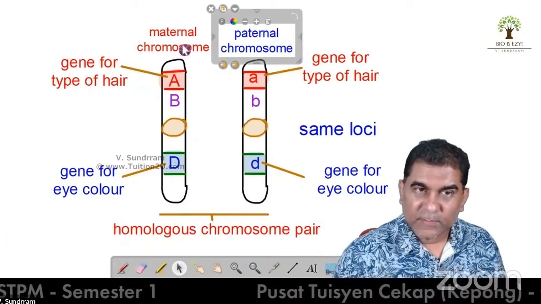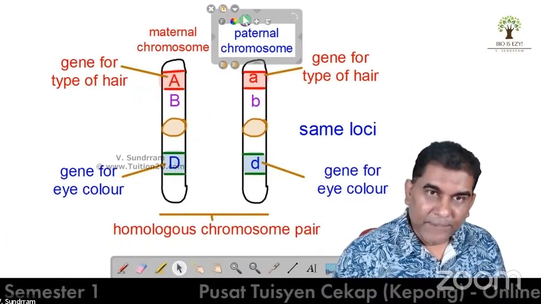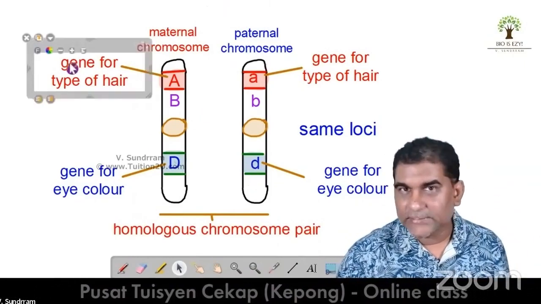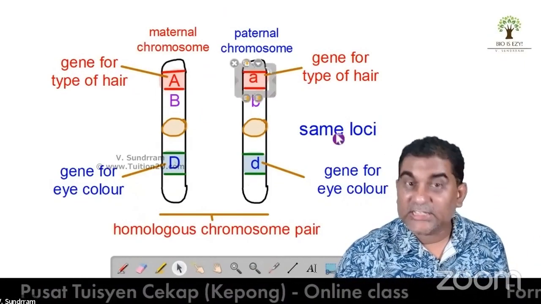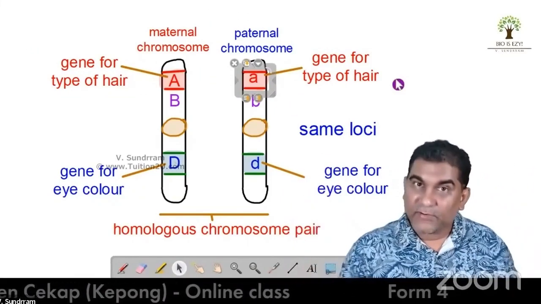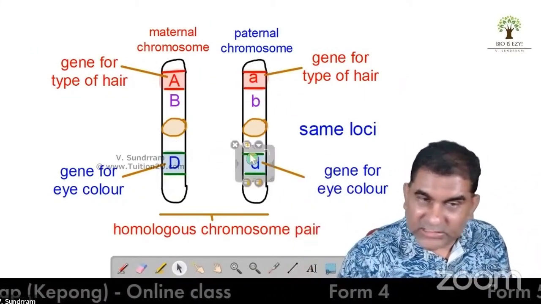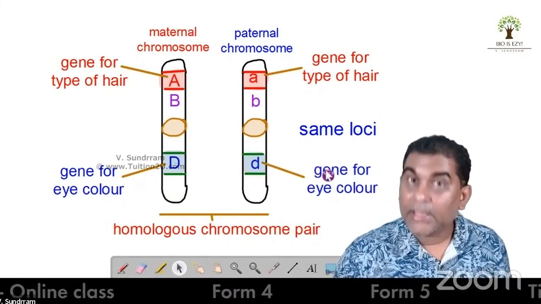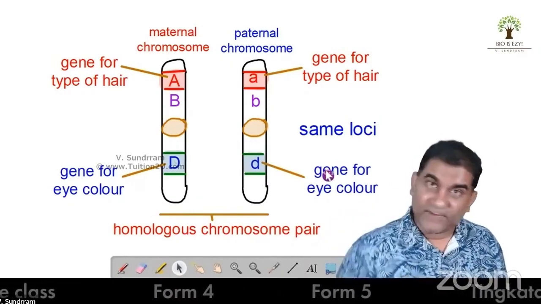The maternal chromosome has an allele. The paternal chromosome also has an allele. Alleles are part of a gene. The gene is the same. Both of them are the gene for type of hair. Both of them are the gene for eye color. The gene is the same, but the allele is different.